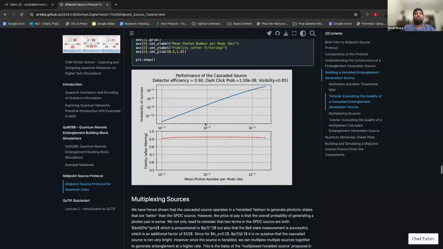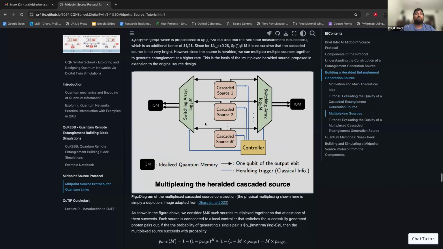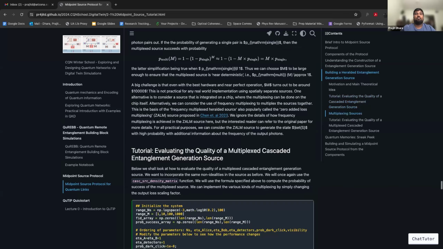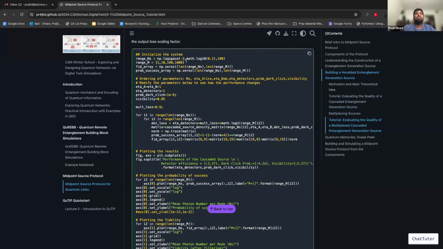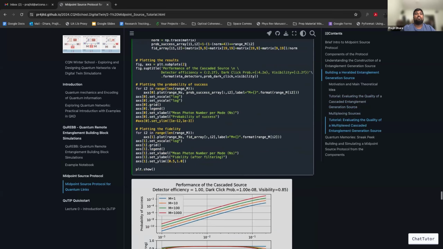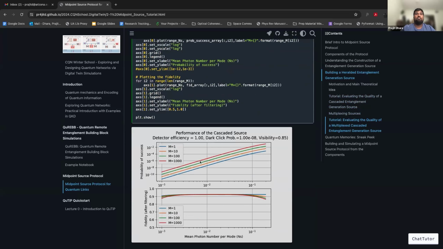For the multiplexed source case, we simply throw in the additional layer of the size of the multiplexing, and what the different sizes of multiplexing will achieve. Here you have very similar plots to the previous tutorial, but with different sizes of multiplexing. You will see that your probability of success goes higher, whereas sometimes the quality of the state will go lower, depending on what parameter regime you choose to operate.